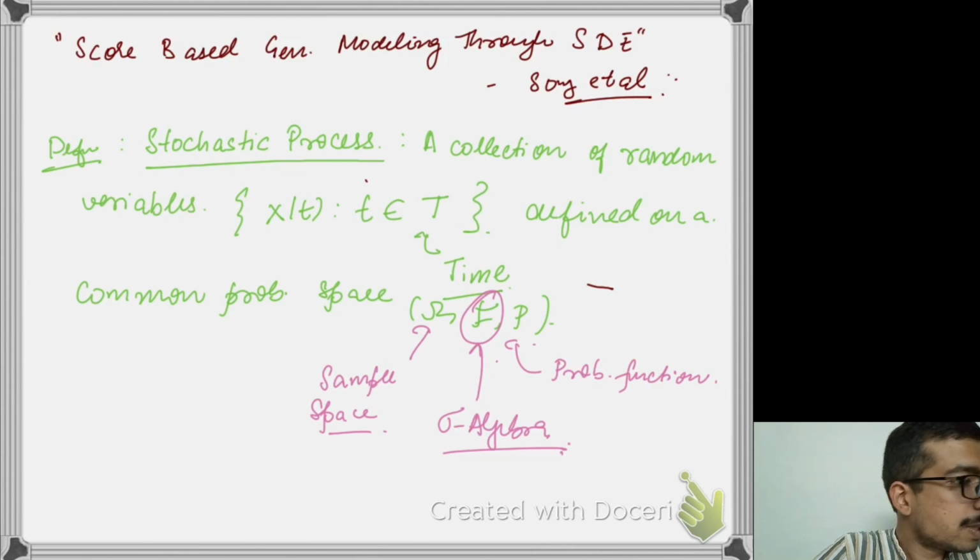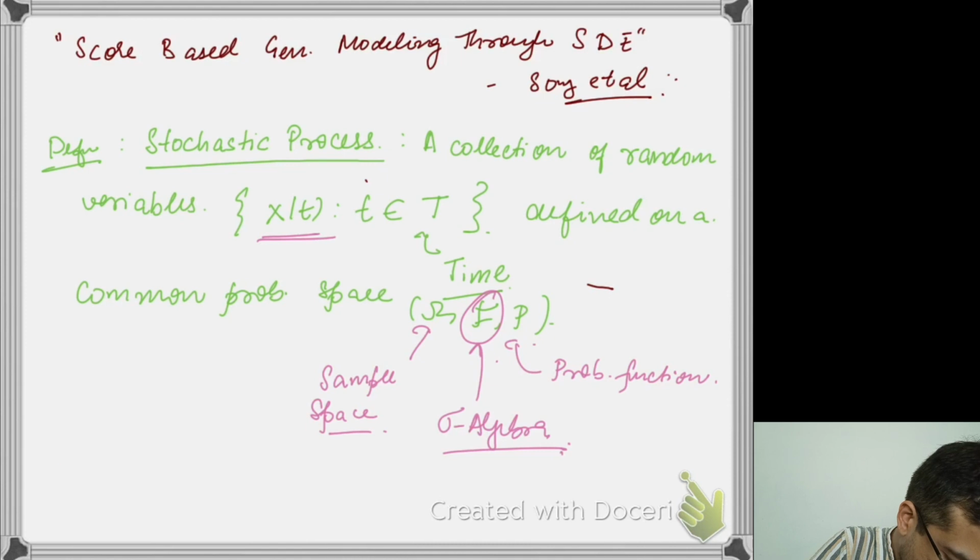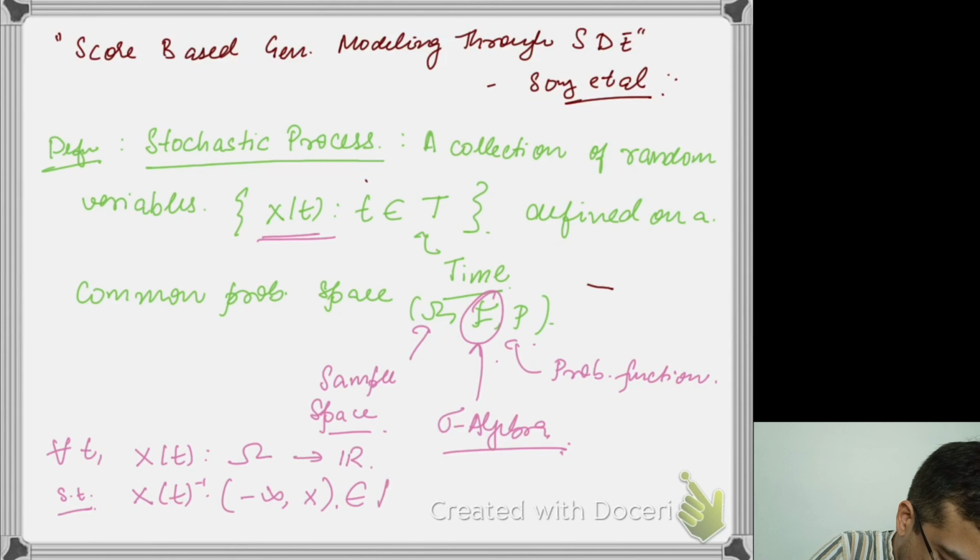Since each of these Xt is a random variable, for all t we have that Xt is a function from Omega to R, such that Xt inverse of (minus infinity, x] belongs to F for all x in R. Here T is called the parameter space, or the time space.